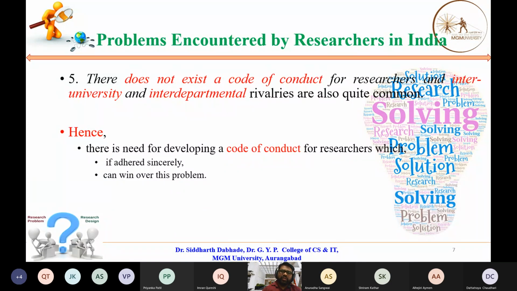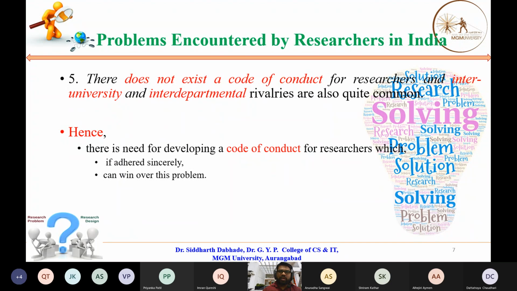The fifth point is that a code of conduct doesn't exist. In most cases, some years ago, copy-paste research was working out. It is a very bad practice.